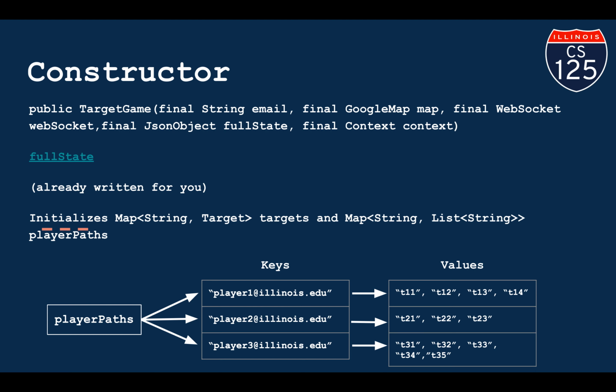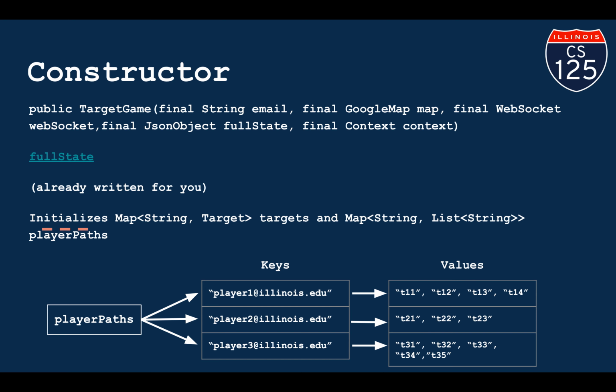We also declare a hash map called player path. This is really important because we will be using this to claim targets. The player path is designed with the keys being players' emails, and the values being a list of all the target IDs that represent the targets that they've captured.